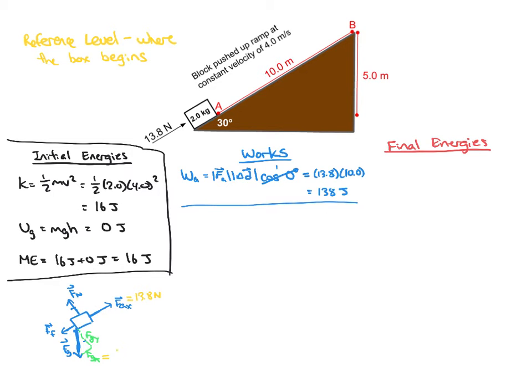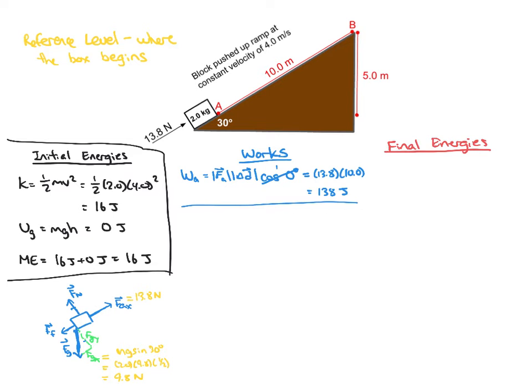And that's going to be mg sine of 30 degrees. Given a mass of 2 and a g value of 9.8, and sine of 30 is equal to a half, actually. So that's pretty nice because you have 2 times a half, which is 1, times 9.8, giving us 9.8 newtons. So the gravity in the x component is 9.8 newtons.